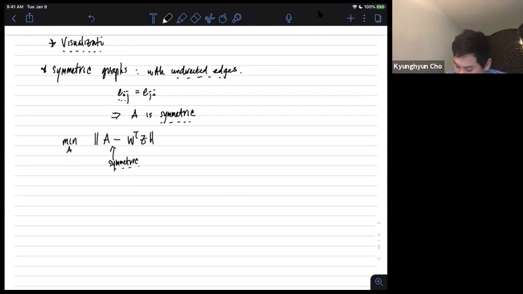Oops, not A, but W and Z. But this is a bit unnecessary because we know that if we have a symmetric matrix, then the factorization of a symmetric matrix into the product of two matrices should be the product of the same matrix, just that the one on the left side is going to be transposed. What it means is that what we want to now solve with this symmetric matrix is this problem: Z transpose Z.